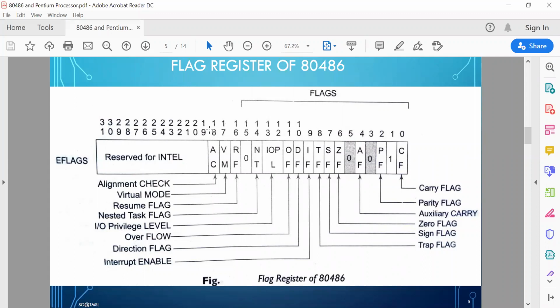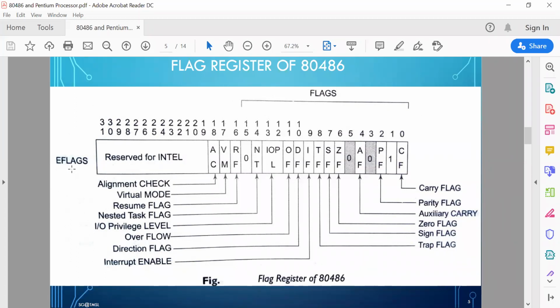So the total is a 32-bit register, but only D0 to D18, that is 18 bits, are used, and the rest of the bits are not used. This flag register is actually called EFLAGS, the extended flag.